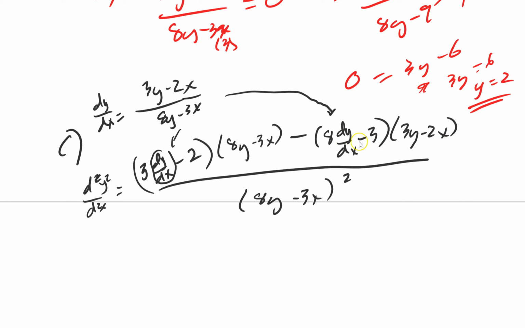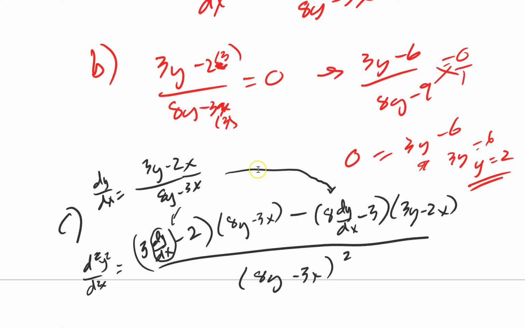Next they want us to plug in the point we just found, which was (3, 2), because they told us x was 3 and we found y was 2. When you plug it in here, you get 0, because that's the whole point of this. So when you plug in (3, 2), you're supposed to get 0.